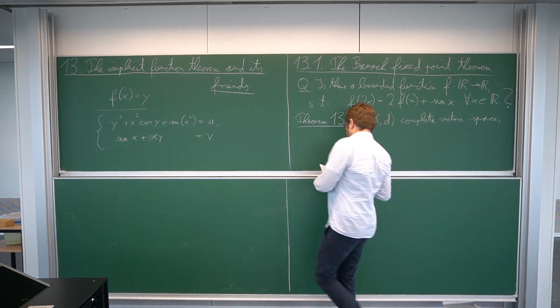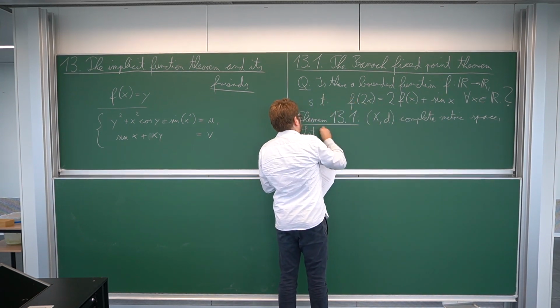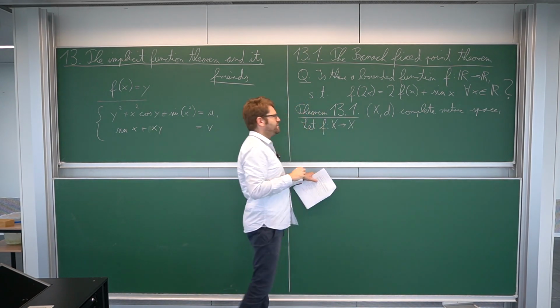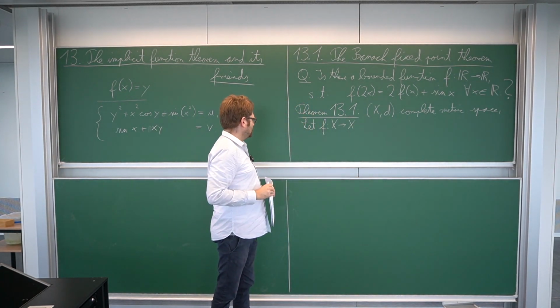And assume we have a map which goes from X to itself, which I also call f. Sorry for the notational confusion, I hope there is none.